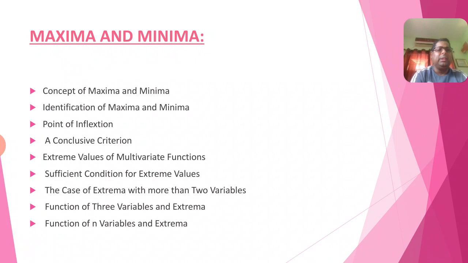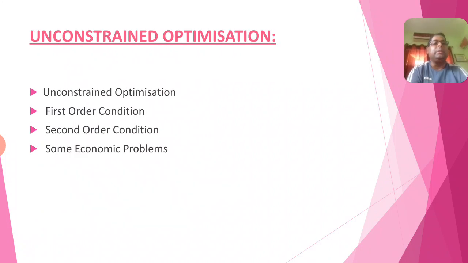And there are some mathematical applications of maximum and minimum concepts in economics. You will get some idea regarding some economic problems and some application of maximization and minimization in economics.